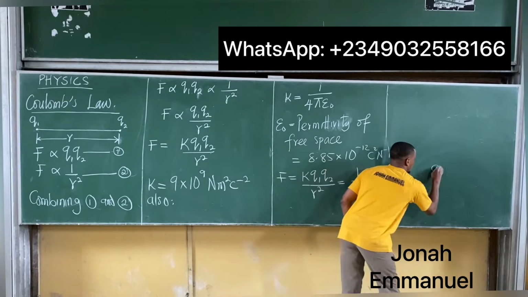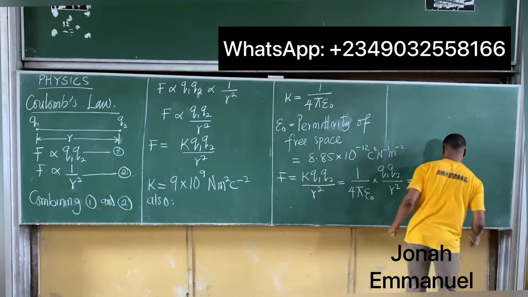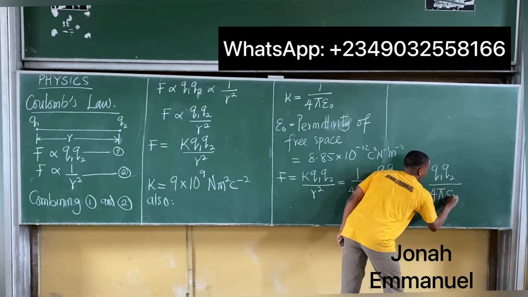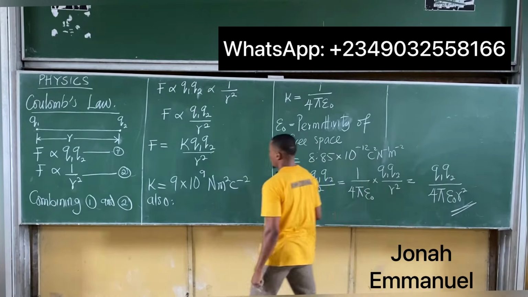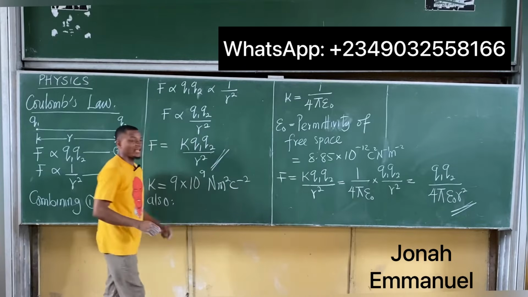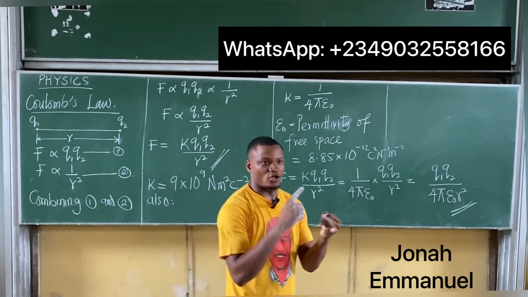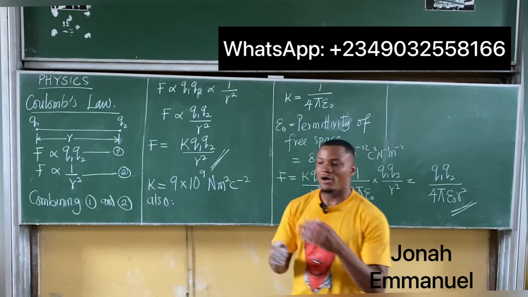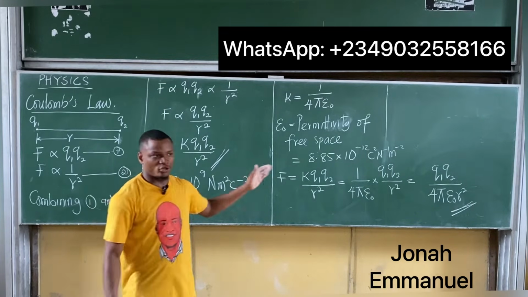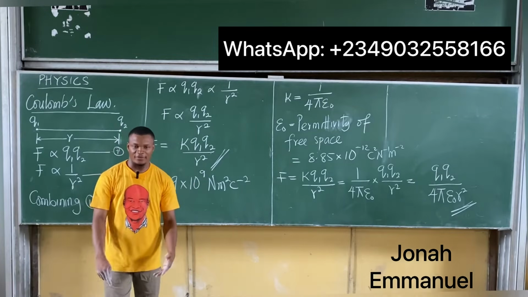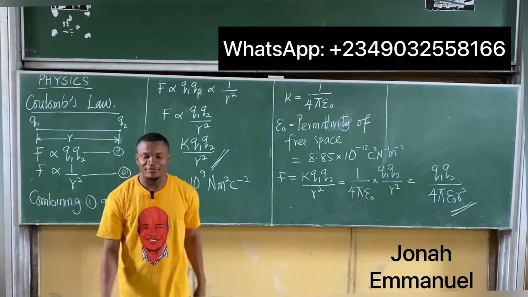So it becomes Q1 Q2 all over 4 pi E naught R squared. This one here or this one here is the expression for Coulomb's law. So for Coulomb's law, F is equal to K Q1 Q2 over R squared or Q1 Q2 all over 4 pi E naught R squared. Both of them are the same thing.